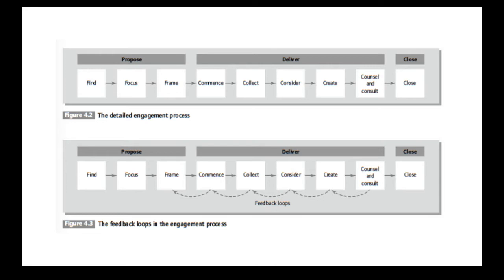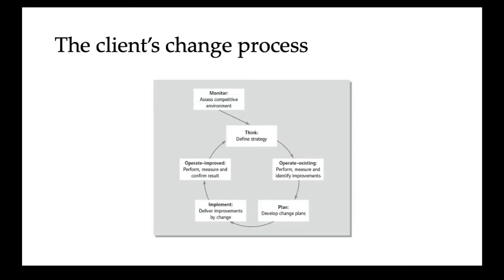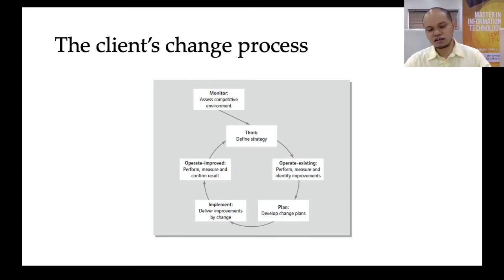Now, let's talk about the client's change process. Now, ideally, the client actually has its own change process. They'd probably have a way or a culture even on how change can happen, how things develop.